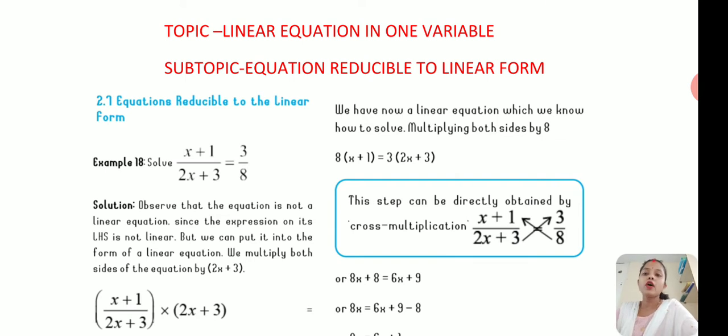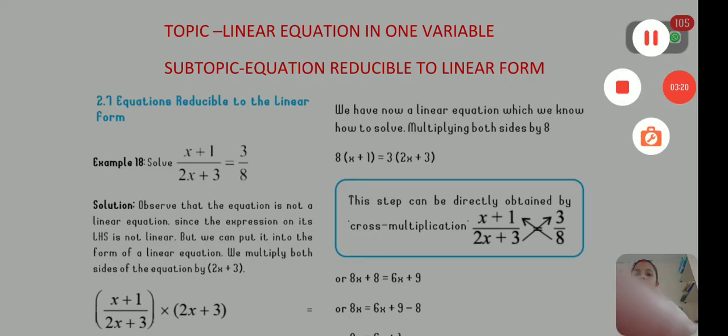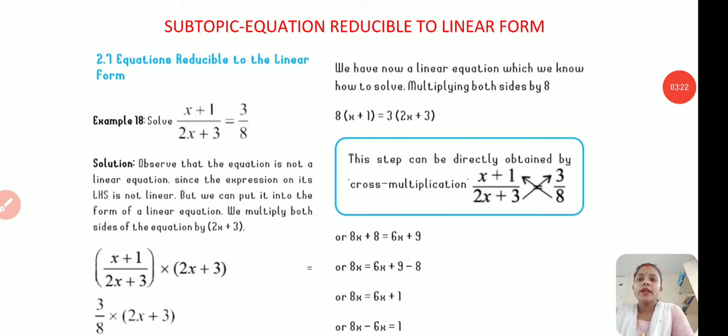Now we will get 8 into (x + 1) which is equal to 3 into (2x + 3). By directly cross multiplying we can get this also.